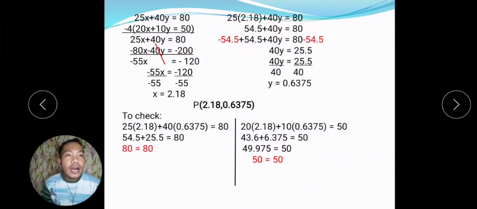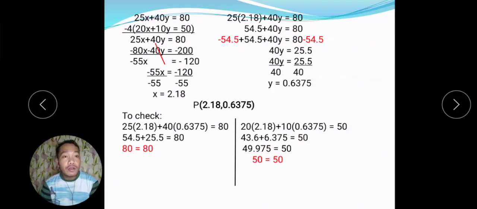Now here, we will use the APE, or the addition property of equality. We will add both sides with negative 54.5 so that it cancels out, so negative 54.5 plus 54.5 is equal to 0.